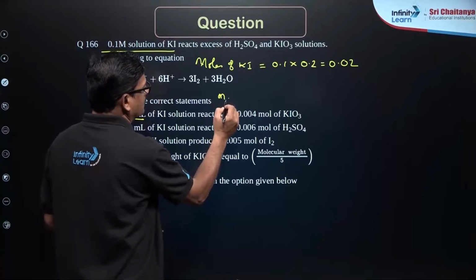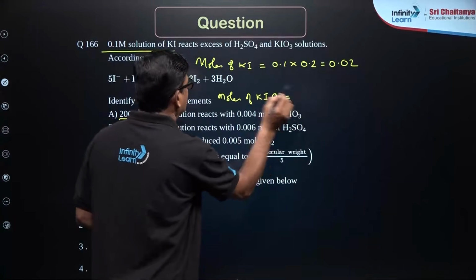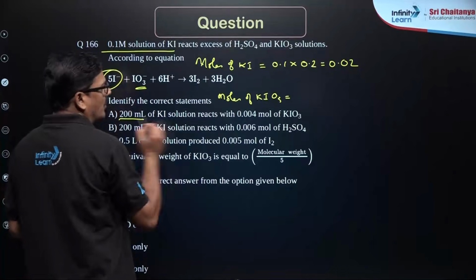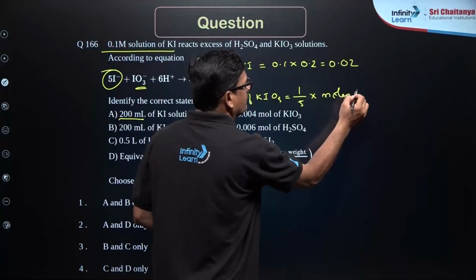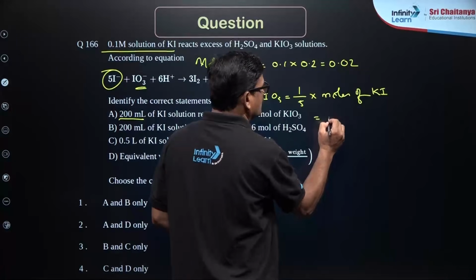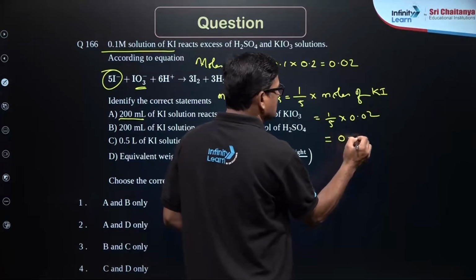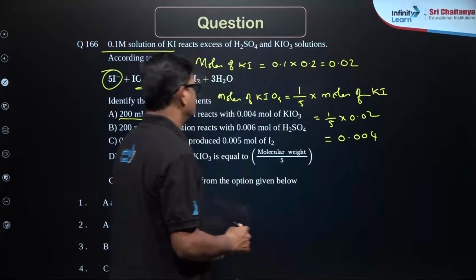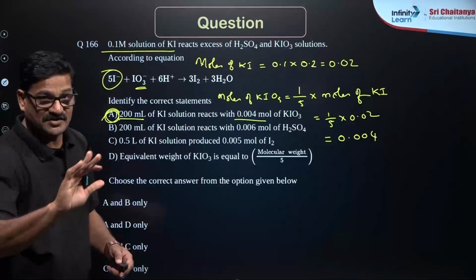So moles of KIO3 is equal to 1 by 5 times the moles of potassium iodide, that is 1 by 5 into 0.02, which is 0.004. Exactly, option 1 is matching.